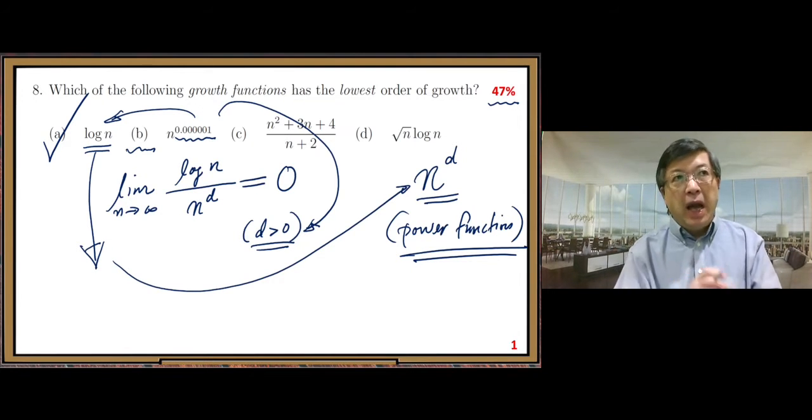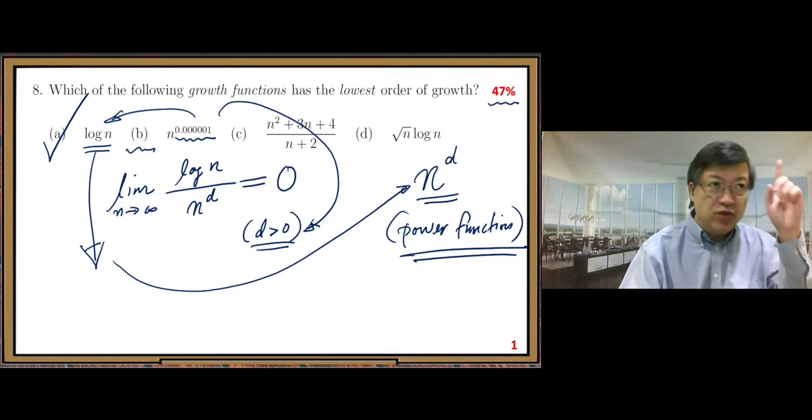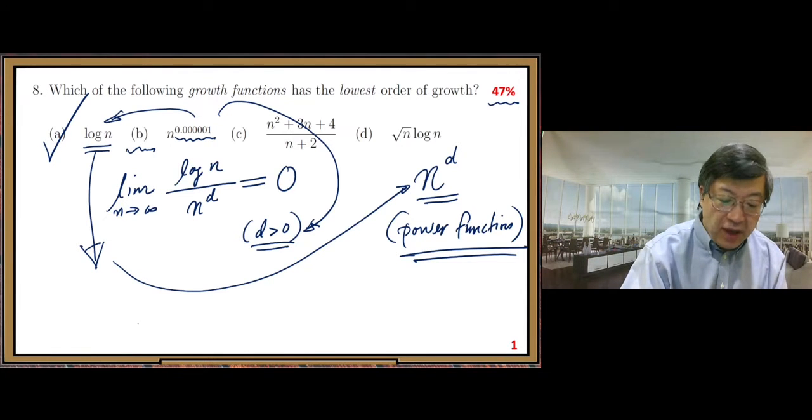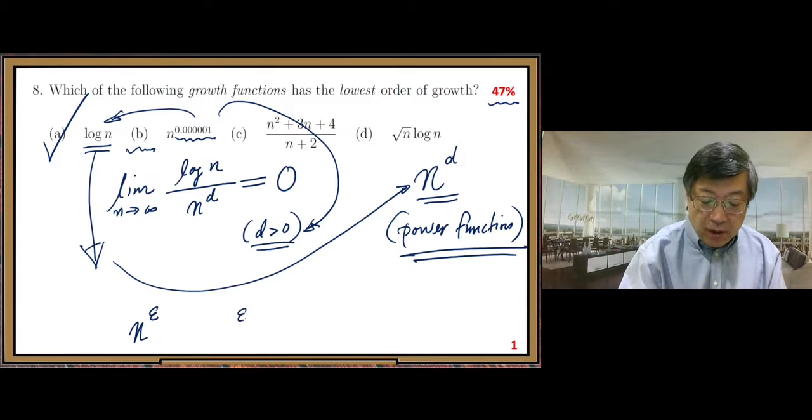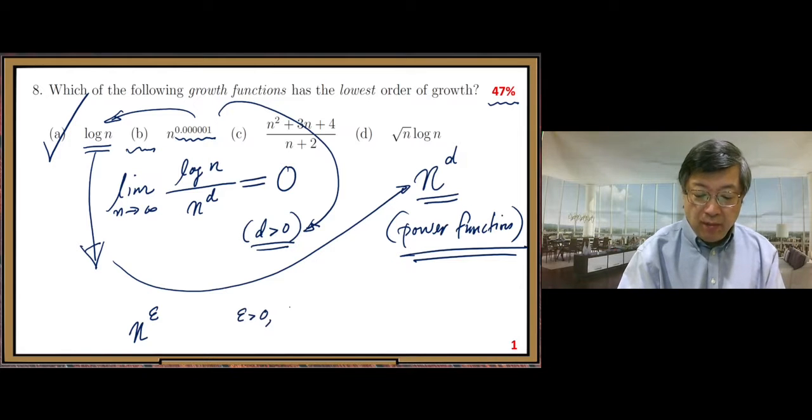Actually, if you want to connect, there is one way. You can relate log of n to n to the epsilon, where epsilon is positive but smaller than any positive number.